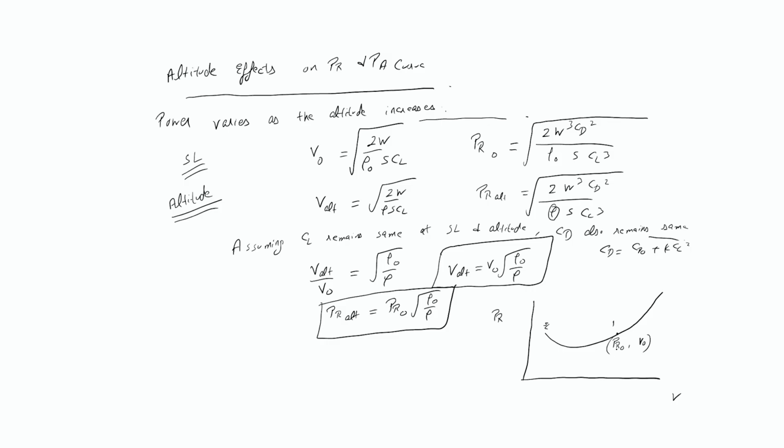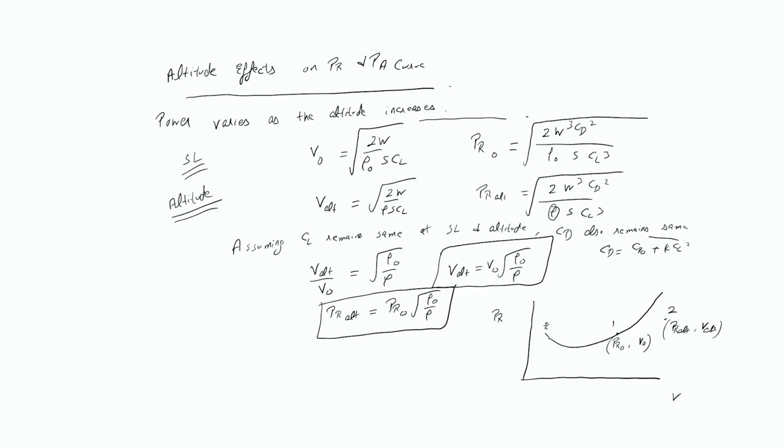Now if we consider another altitude, the power requirement will be high and the velocity will also be high. So the next point will be towards the right and upwards of point 1. Say for example, this is point 2, where we have PR altitude, V altitude.